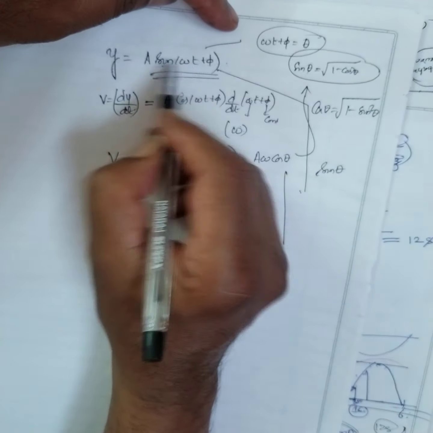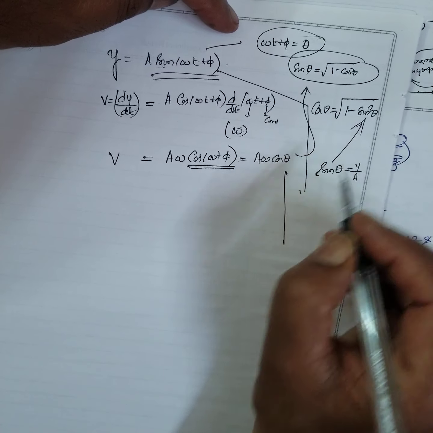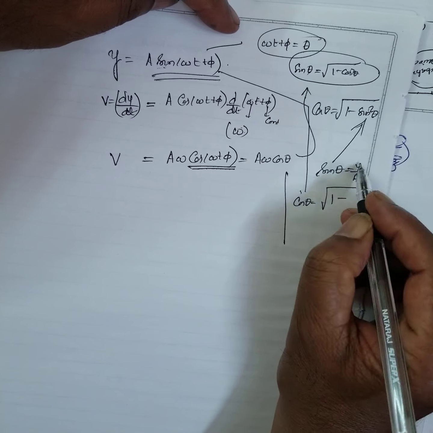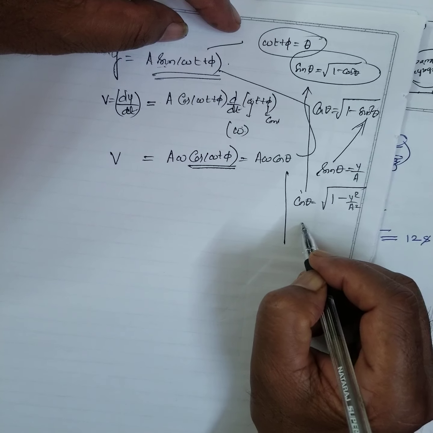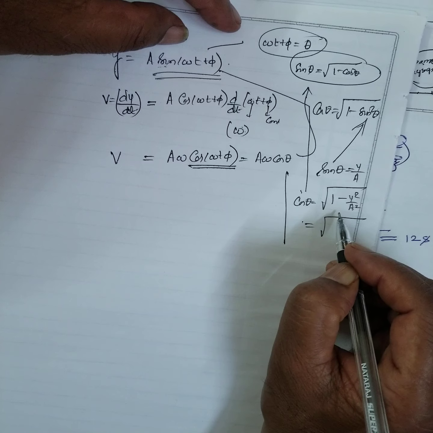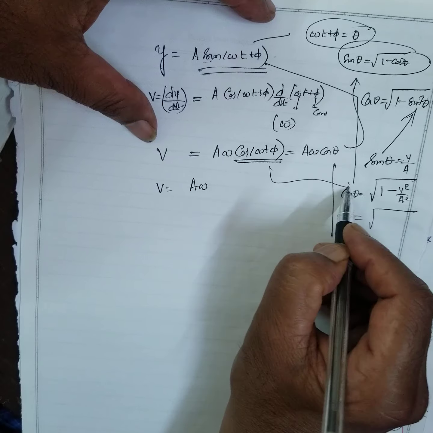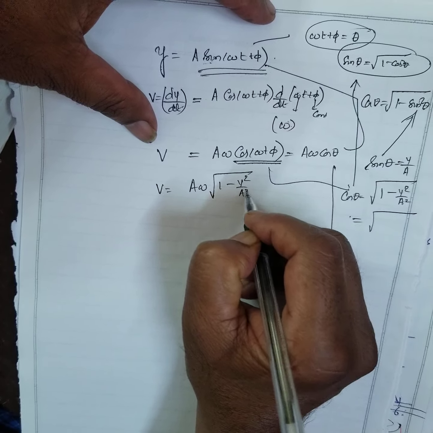Sine theta is equal to y by a. Then if you substitute here, cos theta is equal to square root of 1 minus y square by a square. So v is equal to a omega square root of 1 minus y square by a square.